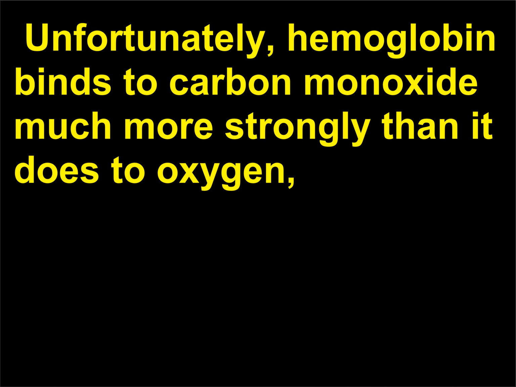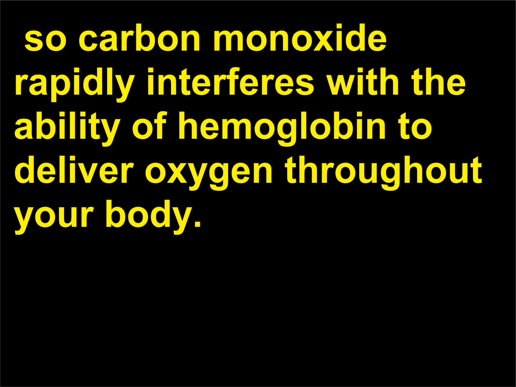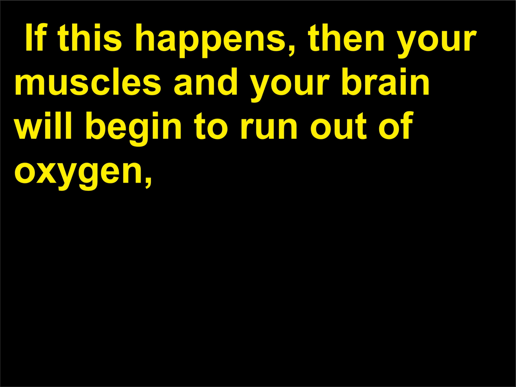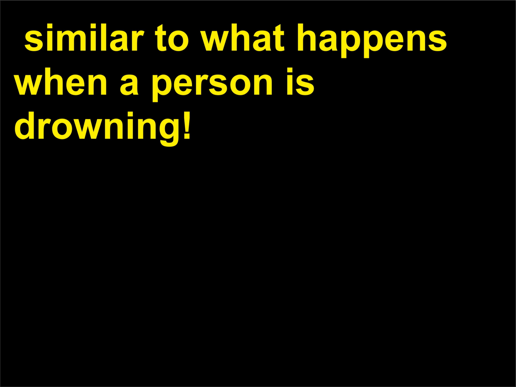Unfortunately, hemoglobin binds to carbon monoxide much more strongly than it does to oxygen. So carbon monoxide rapidly interferes with the ability of hemoglobin to deliver oxygen throughout your body. If this happens, then your muscles and your brain will begin to run out of oxygen. Similar to what happens when a person is drowning.